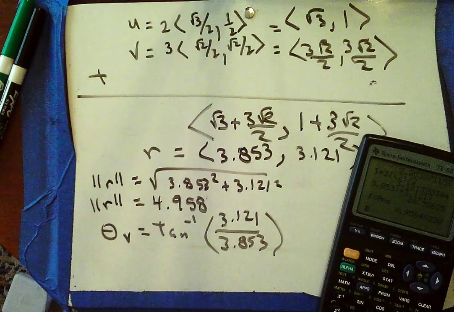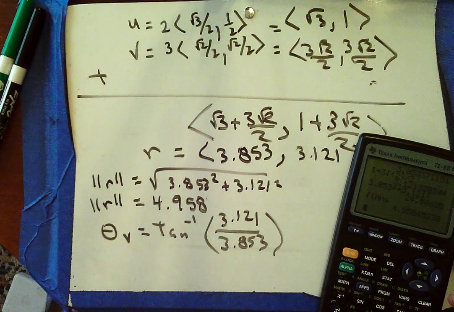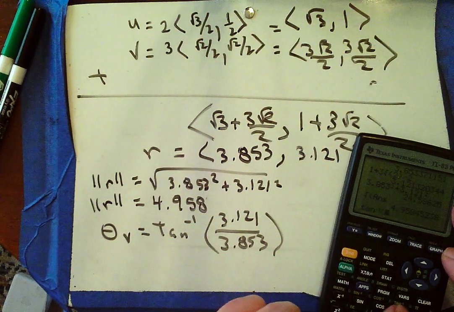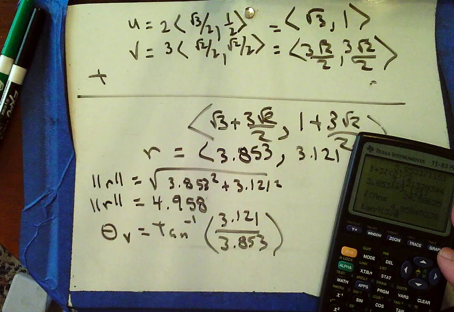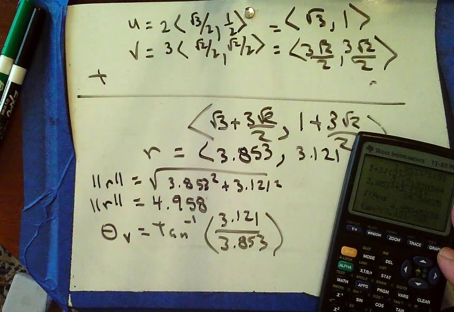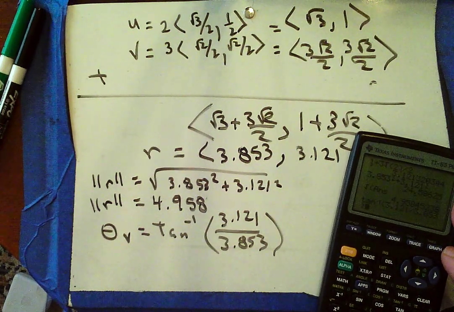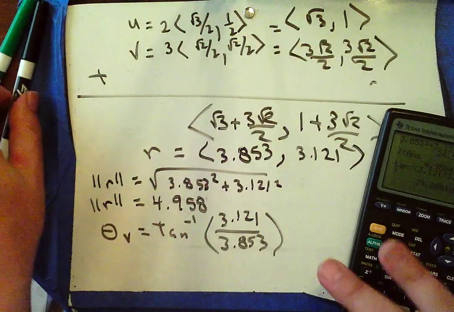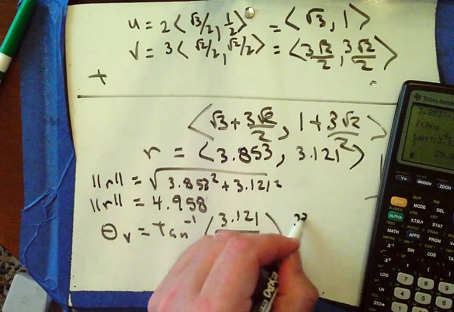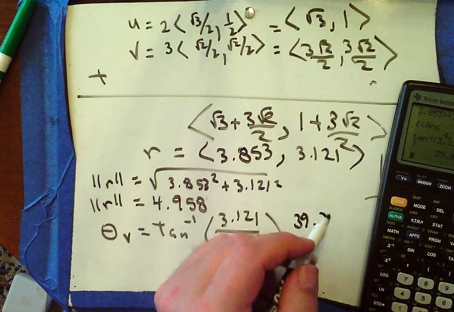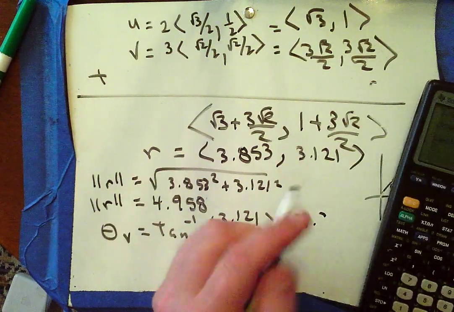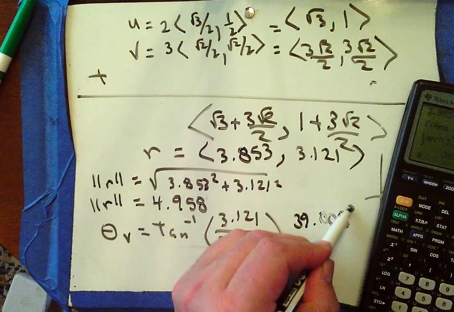Okay, so let's do inverse tangent of 3.121 divided by 3.853. And I end up with 39.008 degrees.